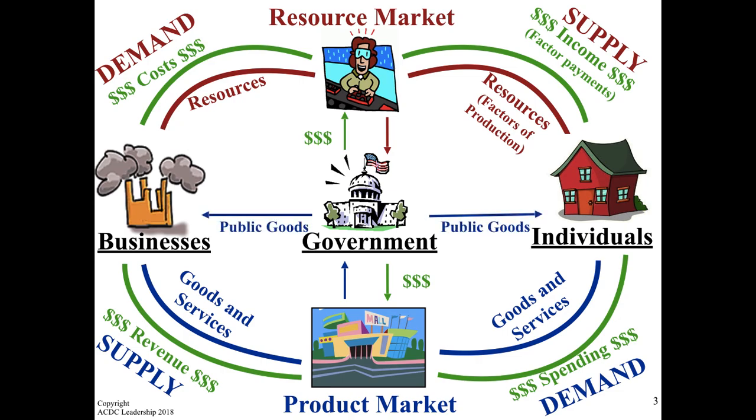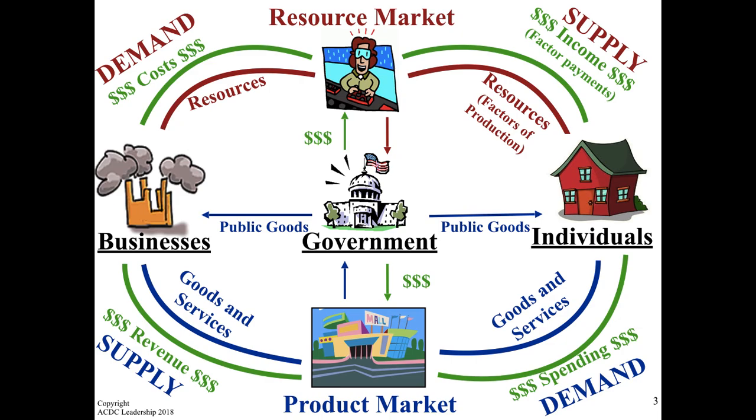Now, the government also has a relationship and a responsibility with businesses and individuals. The government has particular public goods that it allows businesses and individuals to take advantage of, like public education and public utilities and roads and social health care systems.